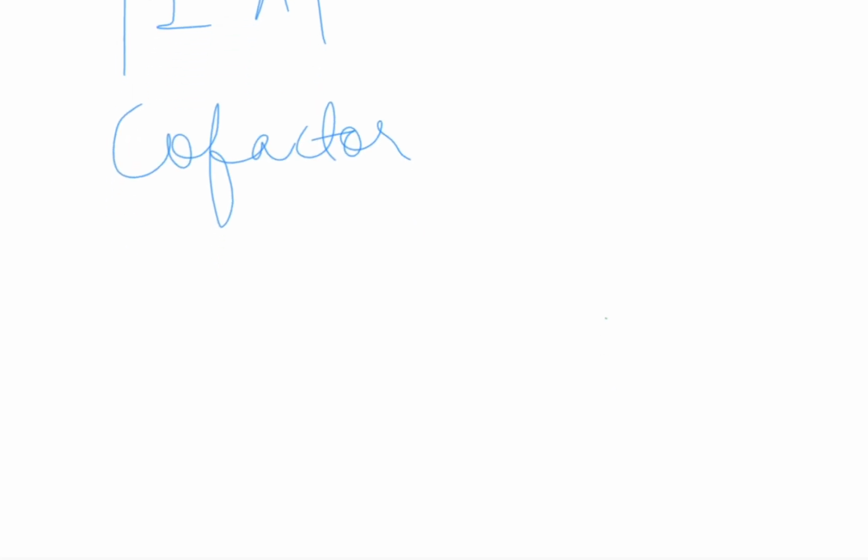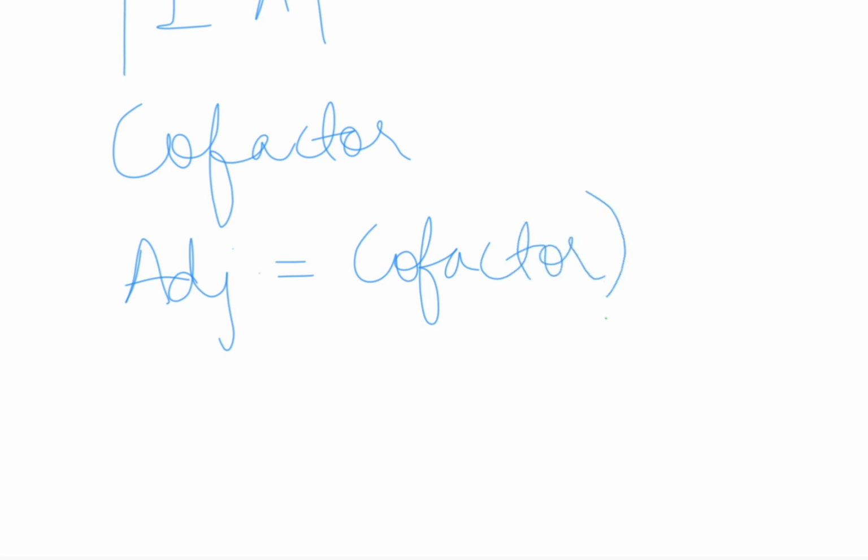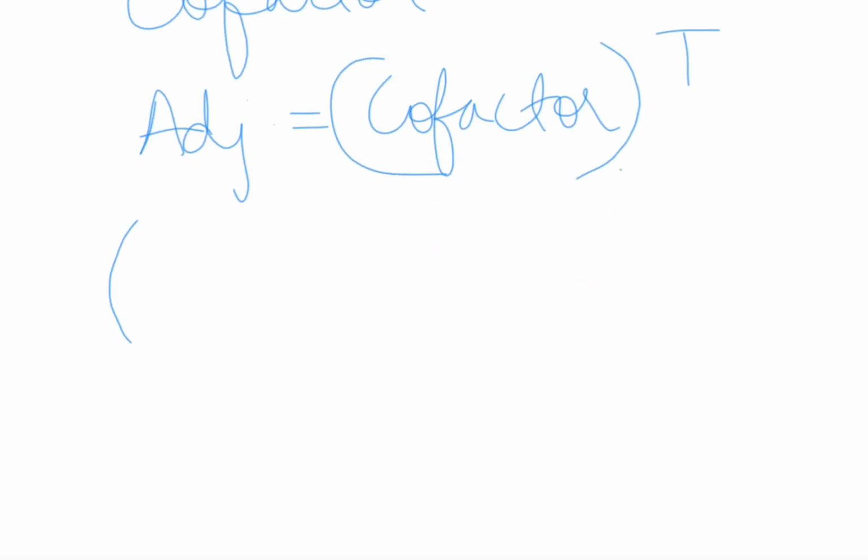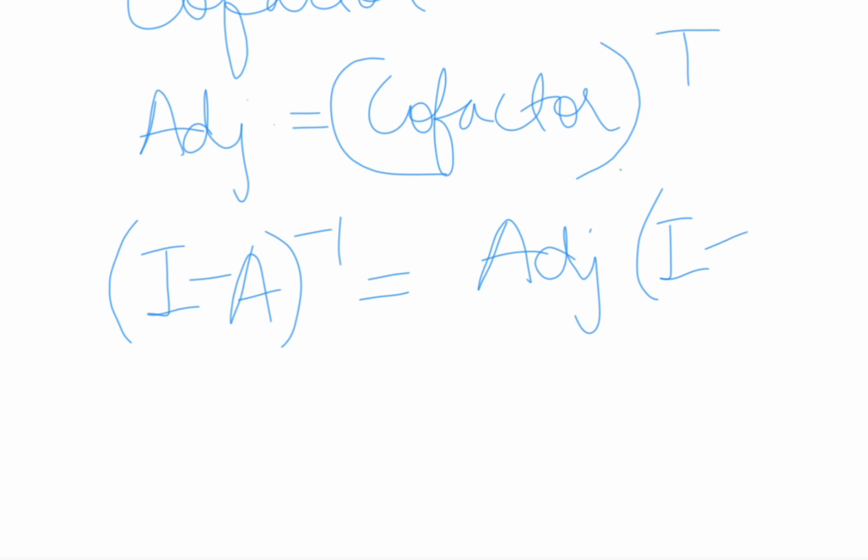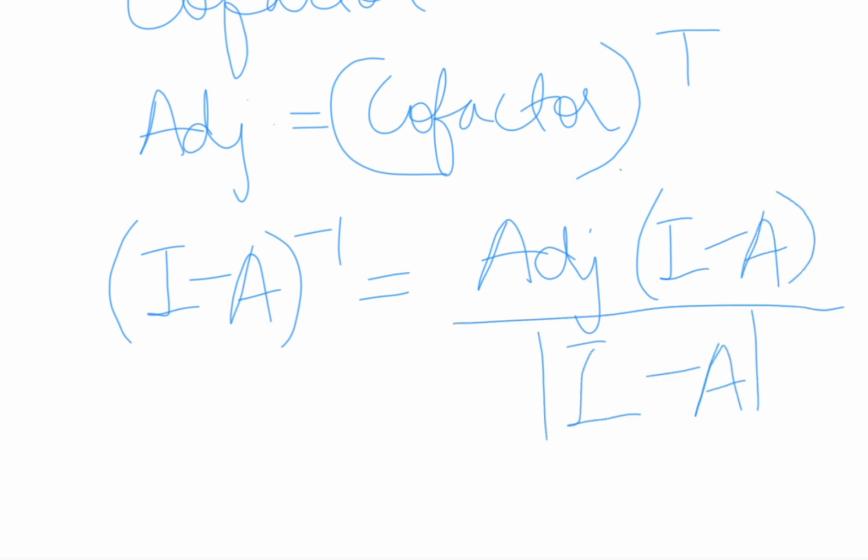After you calculate I - A, you will need to calculate the determinant of I - A. After that, you need to calculate the cofactor matrix. After calculating the cofactor matrix, you will get the adjoint as the transpose of the cofactor. After calculating the adjoint, we will finally arrive at (I - A) inverse, which is the adjoint of (I - A) divided by the determinant of (I - A).